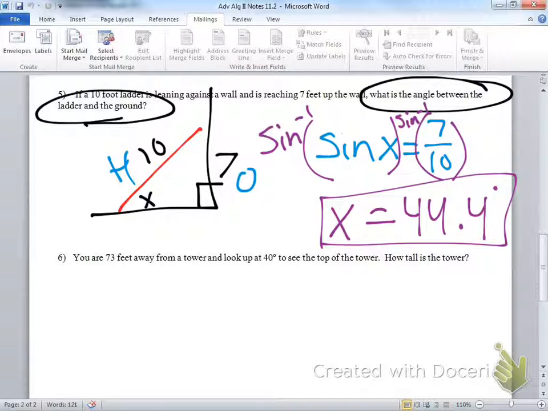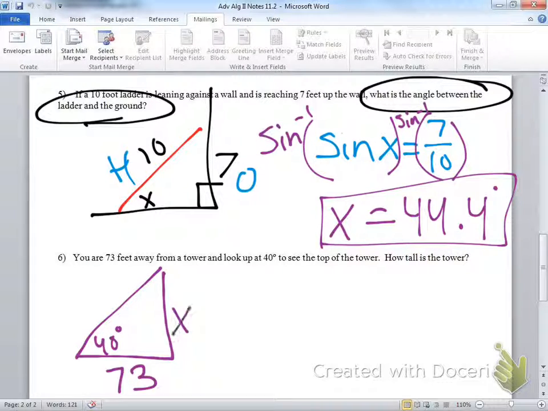And then the last one for our notes today. You're 73 feet away from a tower. You're looking up at 40 degrees. How tall is the tower? So you're looking for this. What trig function did you use?